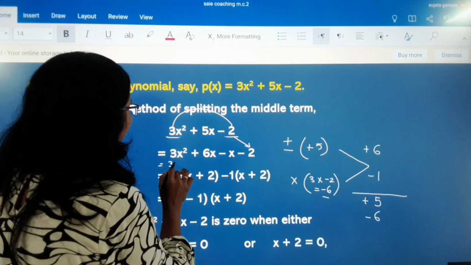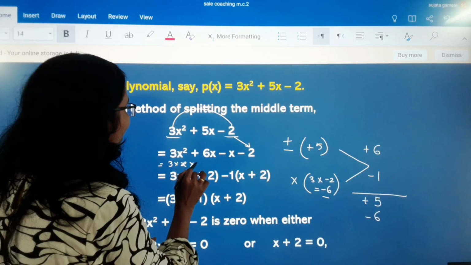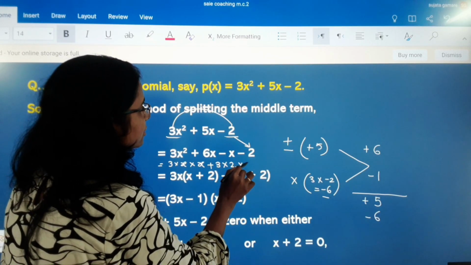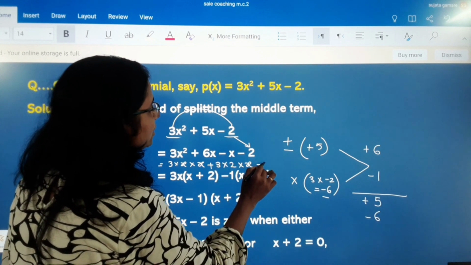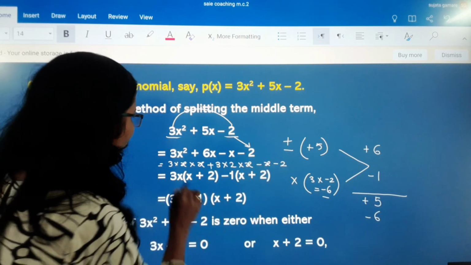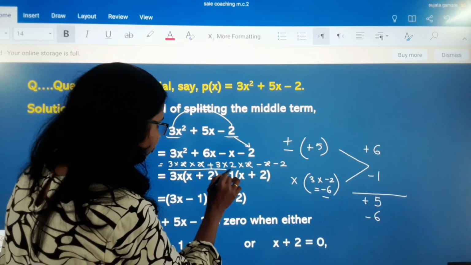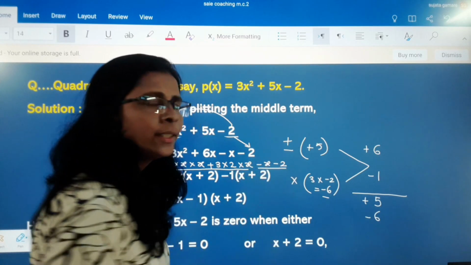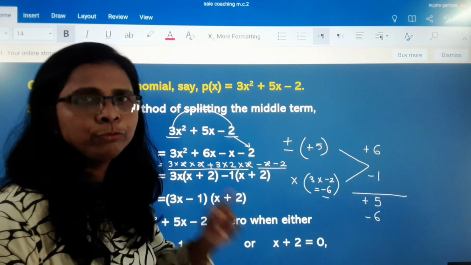So 3 multiply x into x plus 3 multiply 2 into x, then minus x minus 2. Make the first group of these two terms, and then the second group for the third and fourth terms.